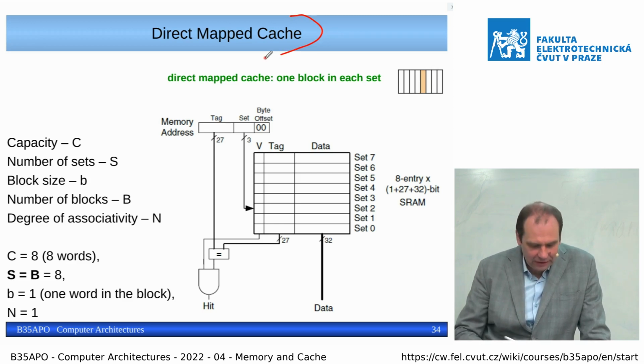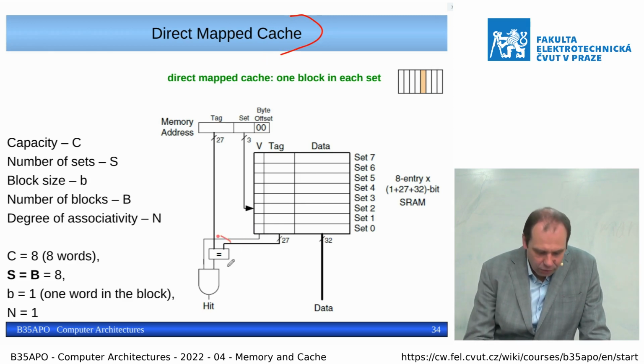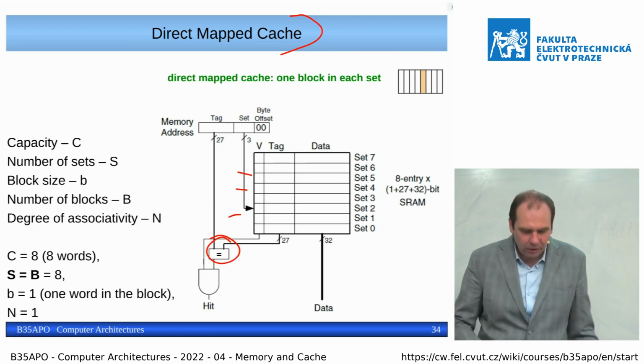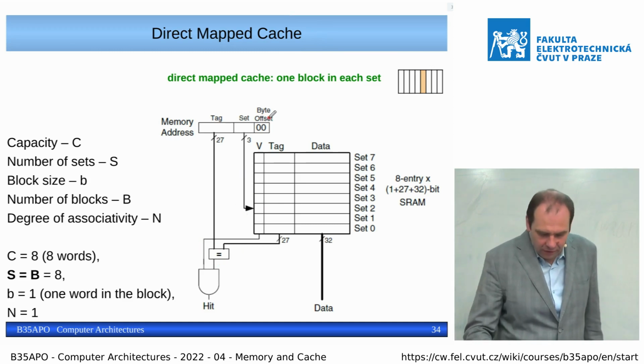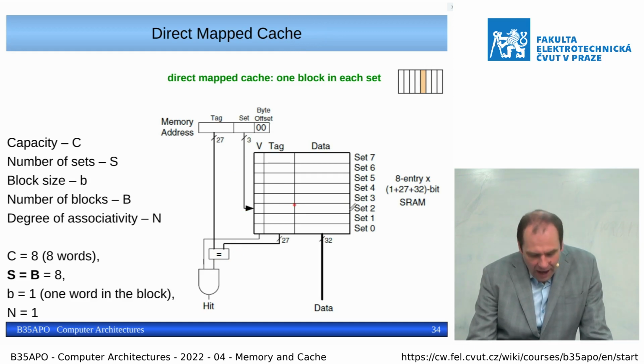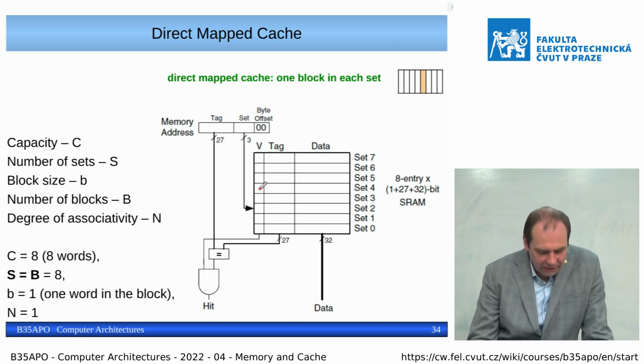It is simplest for the hardware. We do not need a comparator for each of the rows, because we know that for a given address, the data are present in the given row or are not present at all in the cache.